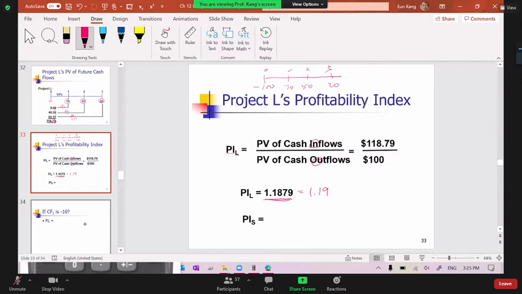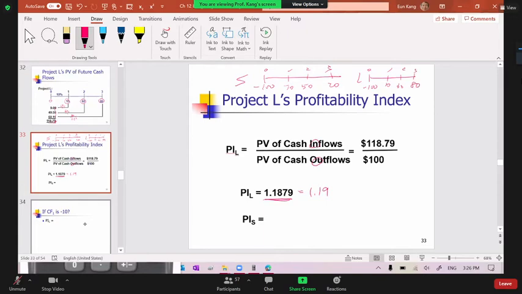Professor, I have a question. Question? What is that? How did you determine the $100 outflow? Oh, sorry. This is project S, and project L is like this: 10, 60, 80. We are just continuing the same project. Thank you for asking.